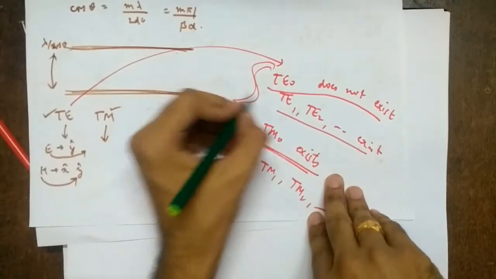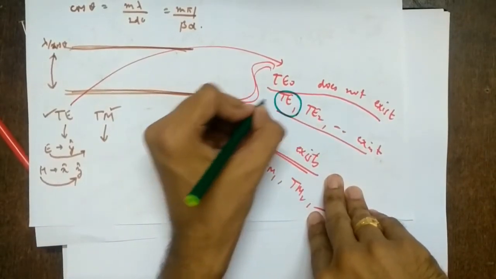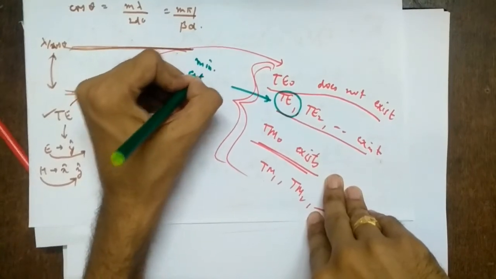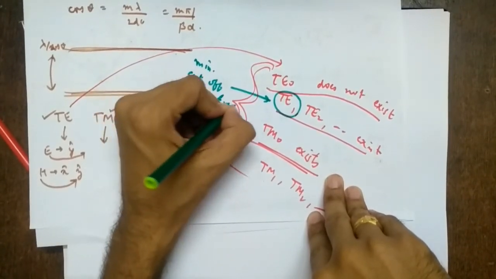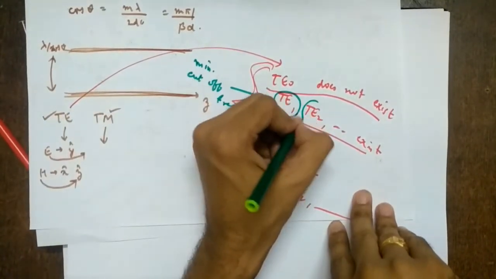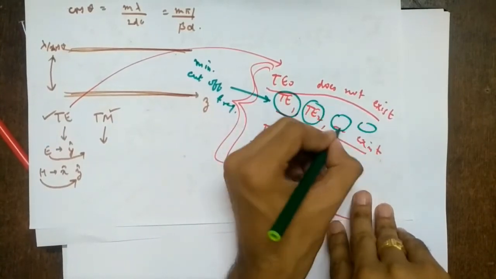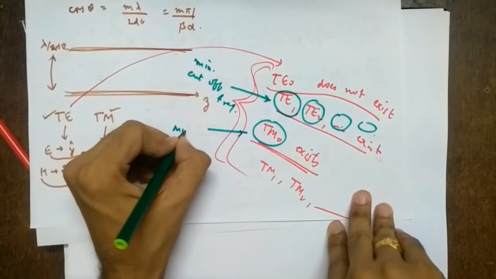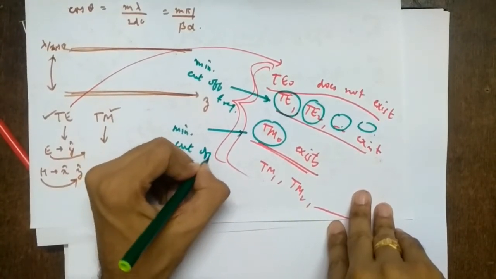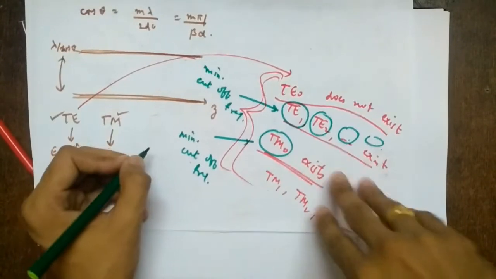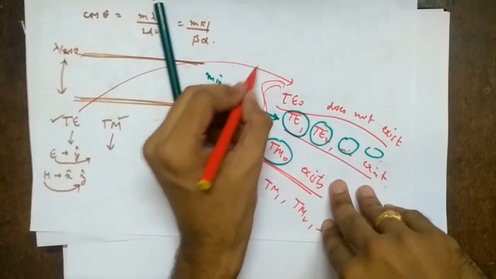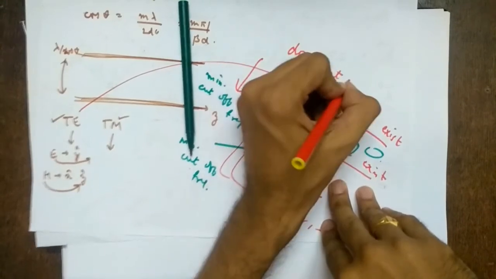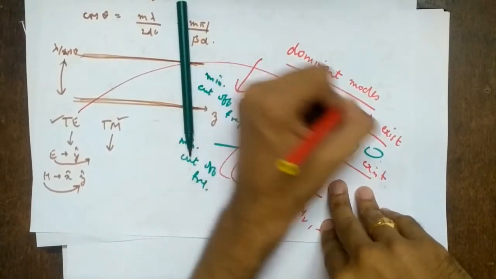Okay, and one very important thing before closing the lecture, what we saw on that page: TE0 does not exist, right? So TE1 exists. So this is the one having the minimum cutoff frequency, right? Then this has the next higher, and so on for 3, 4. Then for TM mode, this is having the minimum cutoff frequency, right? So whichever modes have the minimum cutoff frequency are called dominant modes.